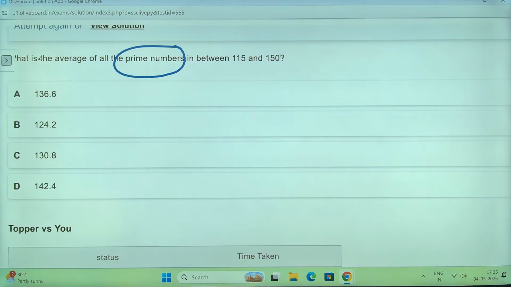Tell me, how many? 115, no. 117, no. 119, no. 121, no. 123, is it prime?